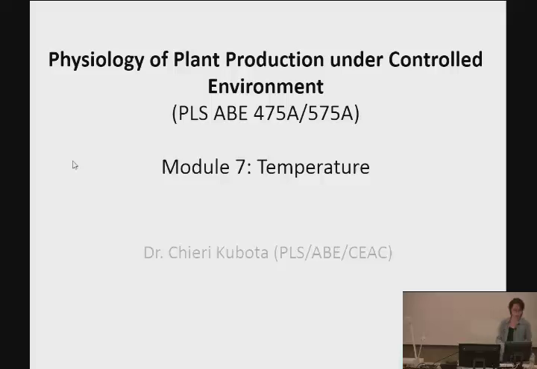So last week, Wednesday, we learned about wind effect, right? Wind velocity affecting plants through gas exchange, and then we learned the concept of the boundary layer, and wind is affecting the boundary layer.